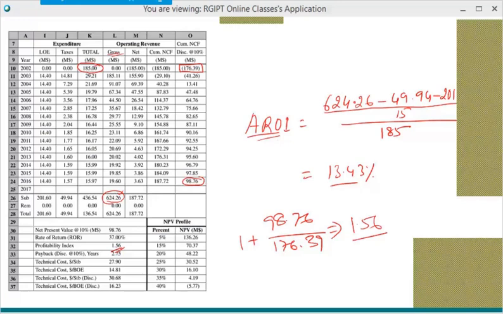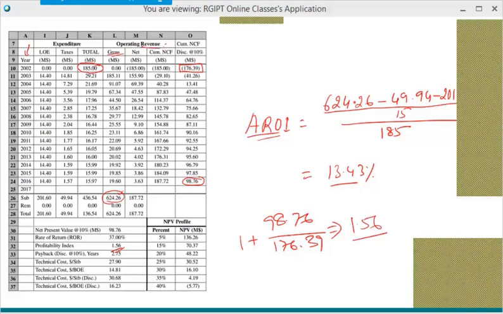Now let's look at this particular table a bit closely, and you can generate your own table similar to this. For every year, you have the expenditure and operating revenue.